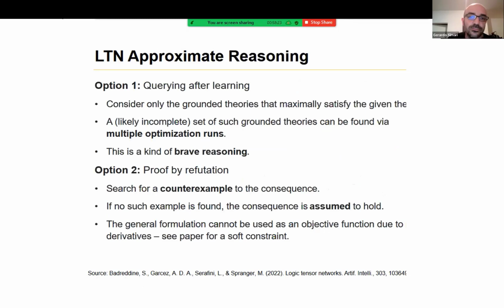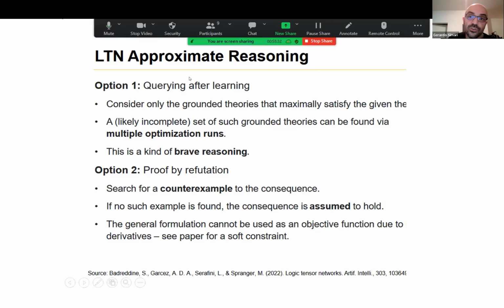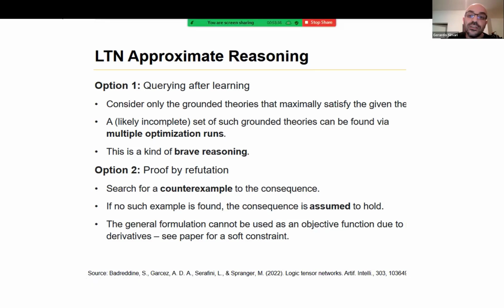The authors in the paper propose two options. There might be others, but the first one is called querying after learning. So you consider only the grounded theories that maximally satisfy the given theory, and you can find a probably incomplete set of grounded theories via multiple optimization runs. And in this case, you get a kind of brave reasoning.